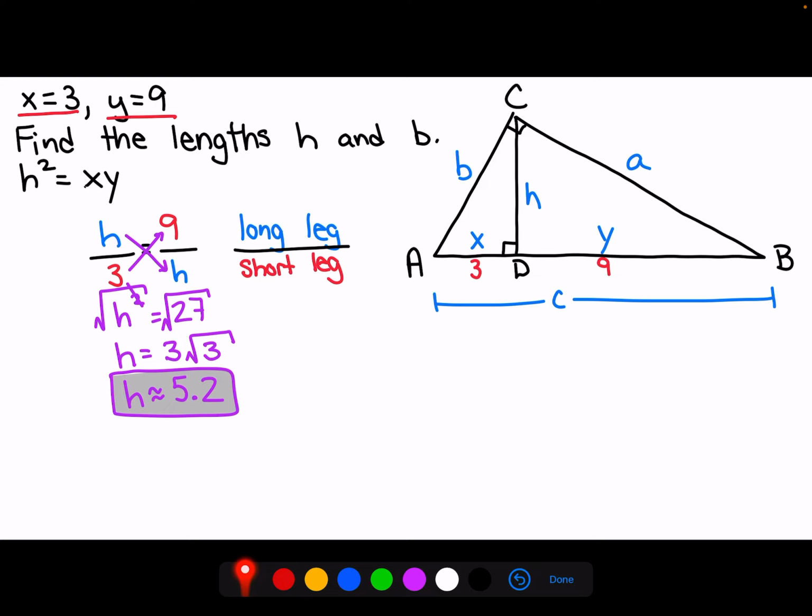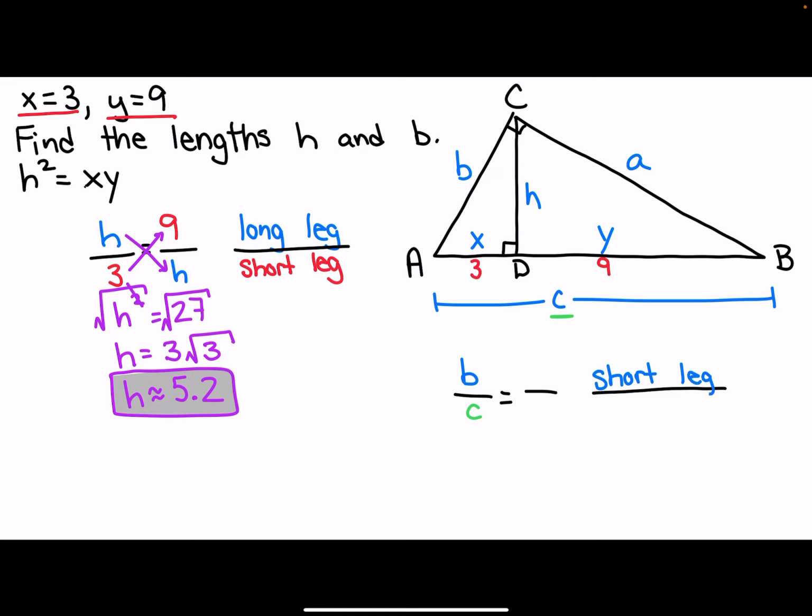So just writing out the variables to get started. I'm going to start with my large triangle. So I'm going to have short leg over hypotenuse. So that would be b over c for the large triangle. And then for the small triangle, we're going to have short leg, which is 3, over hypotenuse, which is b.